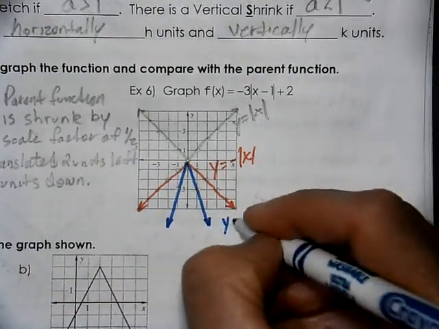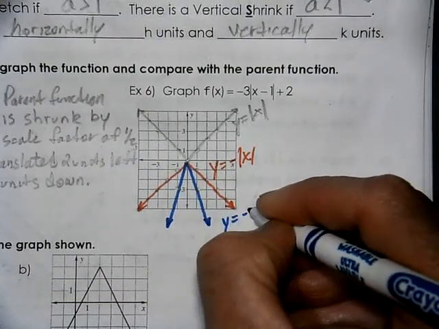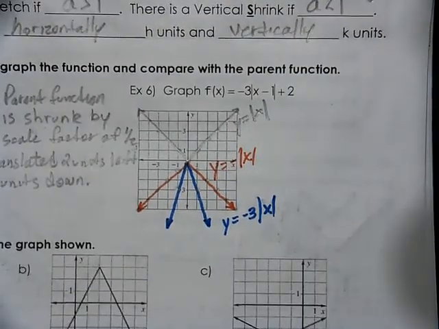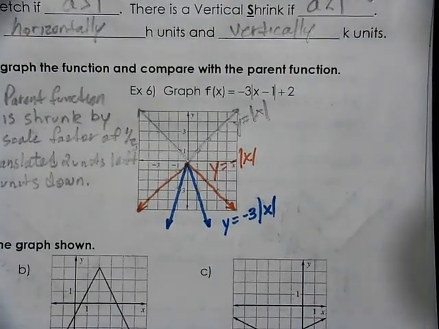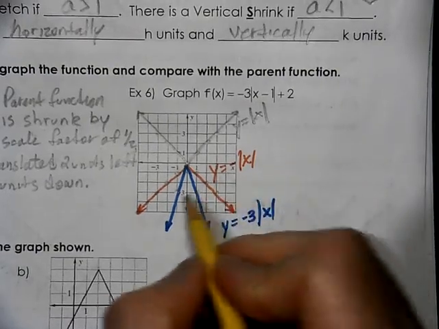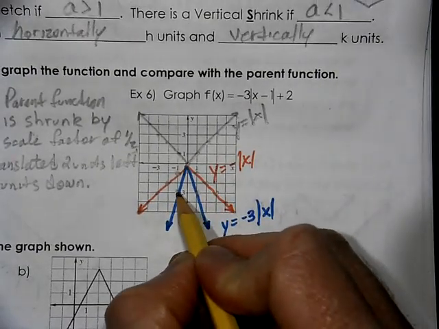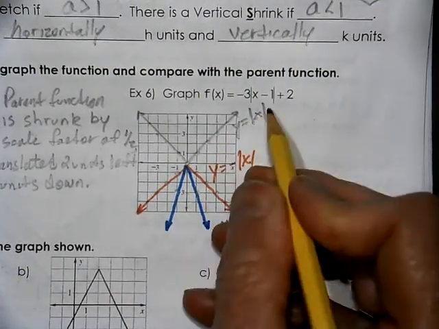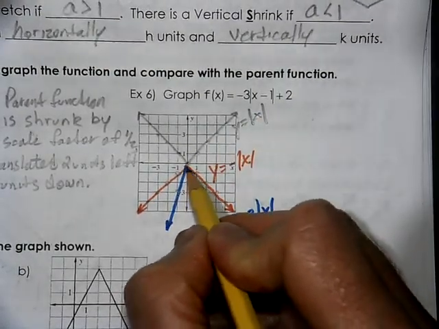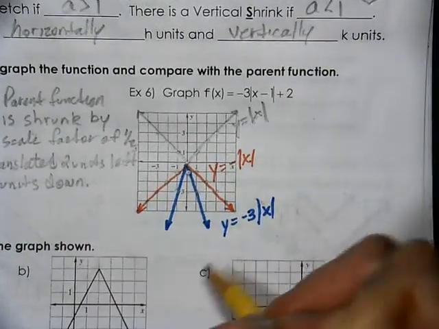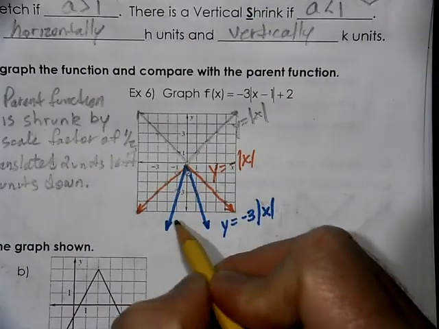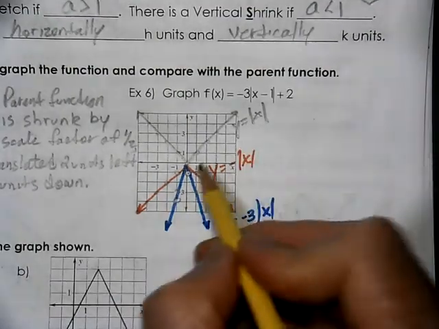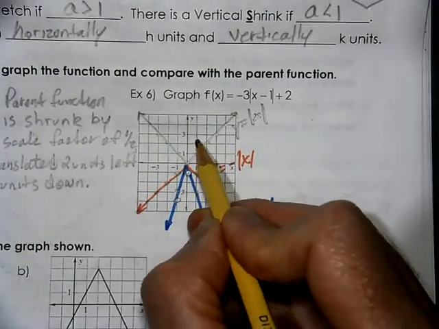So that's going to be y equals negative 3 absolute value of x. And then we're going to translate each one of those points 1 unit to the right, because it's negative 1, to the right 1, and up 2.